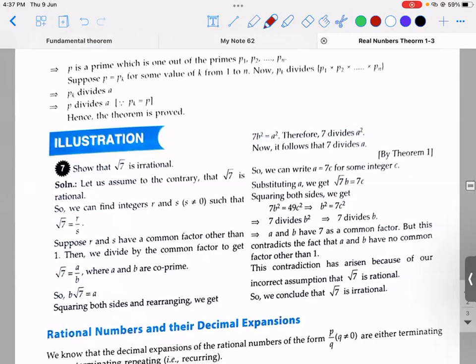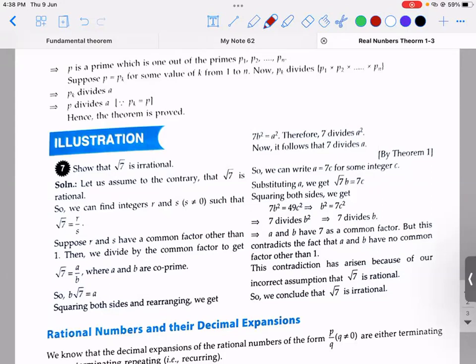Now, having this kind of maturity, try to answer the question of proving that root 7 is irrational. So you have an illustration, right? What is the illustration? Show that root 7 is irrational. Please do the steps and show it to me. You're using contradiction, right?